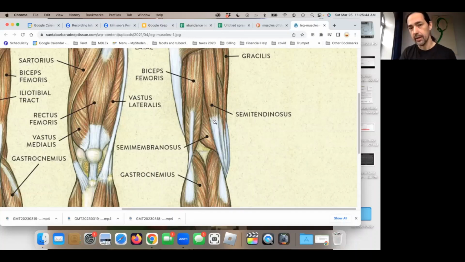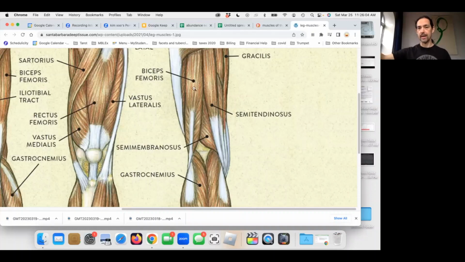And then here are the medial hamstrings, the semitendinosus. I only know it's a medial hamstring right now because I'm looking at the label. But you can tell because of how close together these tendons are. So there's the semitendinosus. This must be the semimembranosus.